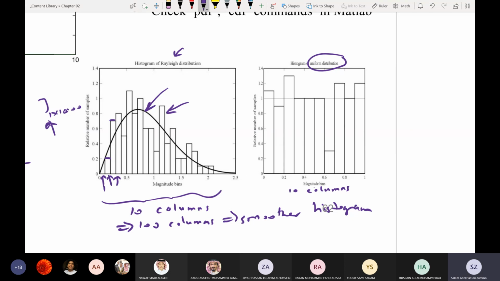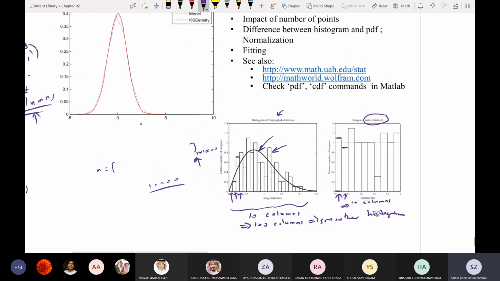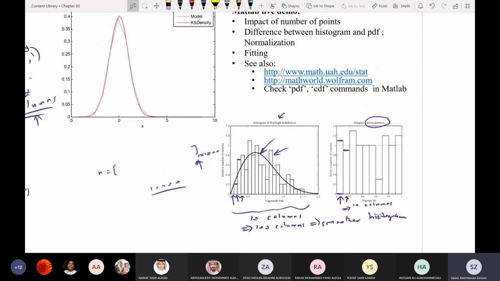So the idea of the histogram is that it goes into the random vector that you generated and finds how many of that vector lie within a range of numbers, and plots it as a column. How many lie between 0.1 and 0.2, and plots it as a number. As the length of the vector becomes larger and larger, and as you have more columns, you will find that it becomes a smoother PDF. Histogram, sorry.